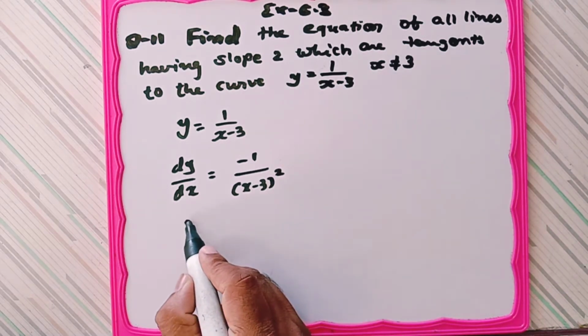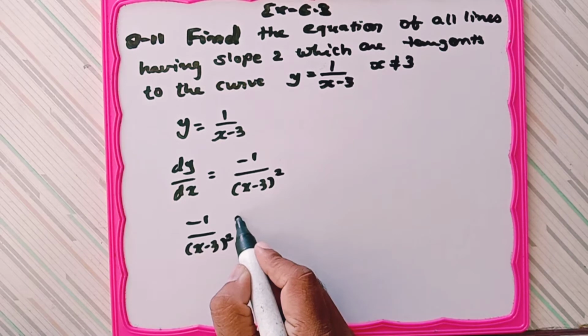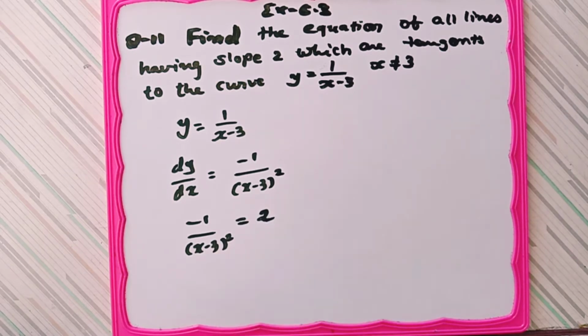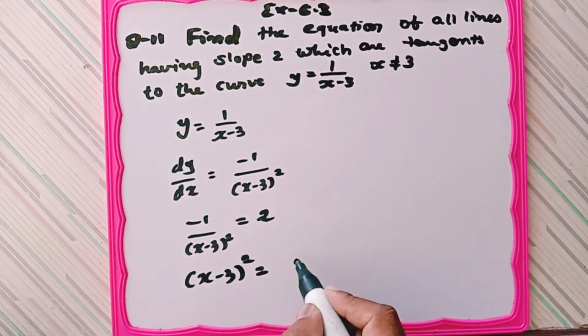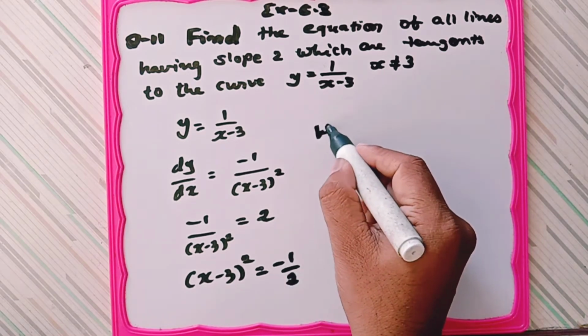and so minus 1 upon (x minus 3) whole square is equal to 2. So (x minus 3) whole square is equal to minus 1 upon 2, which is not possible.